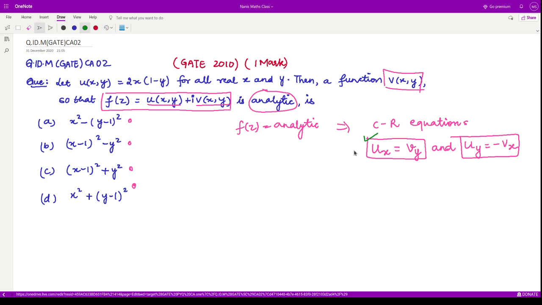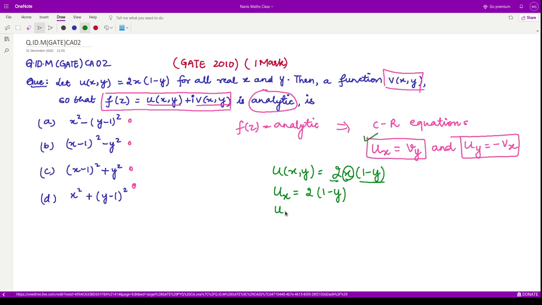So let us check these conditions one by one. Before that, our u of x y is given to be the function 2x into 1 minus y. So we'll first compute the partial derivative of u with respect to x. It would only be 2 into 1 minus y, because here 1 minus y would be treated as a constant, since the derivative is only with respect to x.